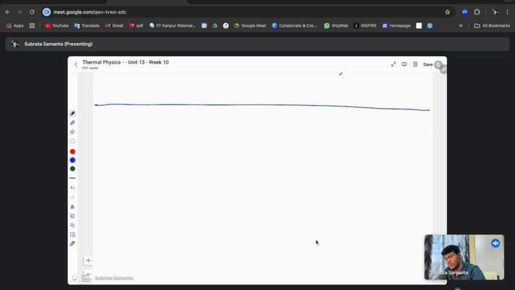So I wrote down the problem. The problem is: consider the equation of state of a matter is P equals alpha T cubed over V. So that is the equation of state.